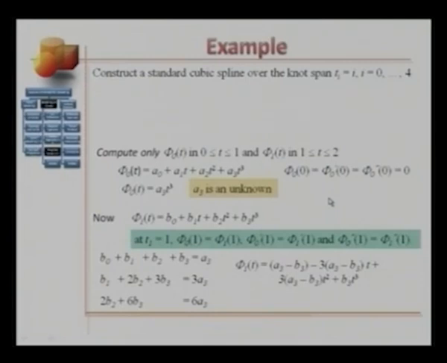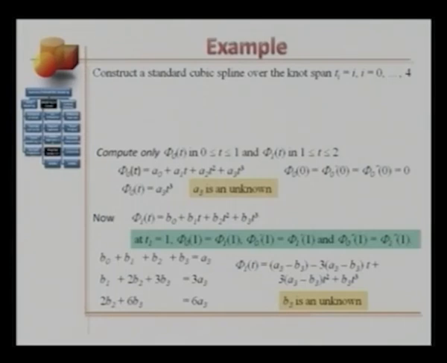Now what? Now we have b3 as an unknown and a3 also as an unknown. We need to figure out these two unknowns, for which we would need two conditions.